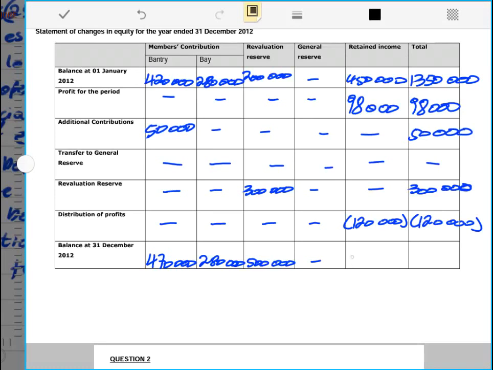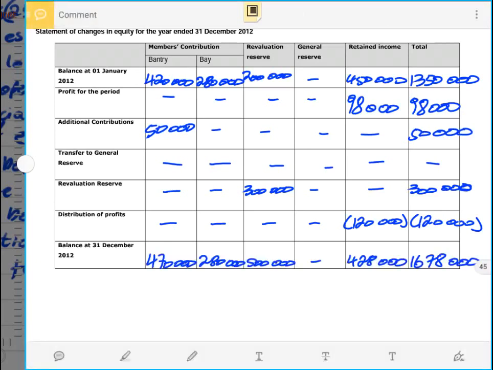Retained earnings is 428,000 rands, and the total is 1,678,000 rands. Then that will be our statement of changes in equity, and I've recorded everything as accurately as possible.